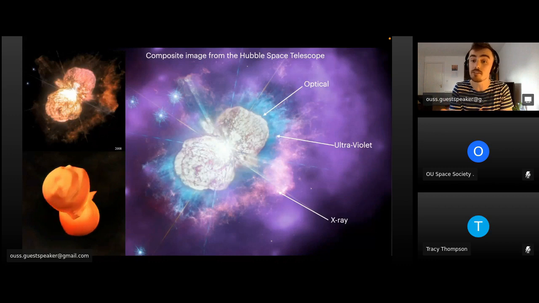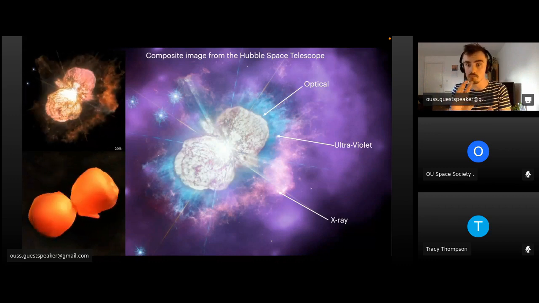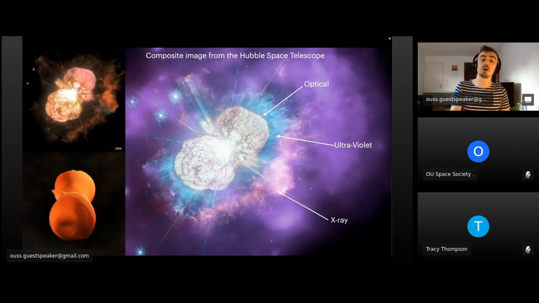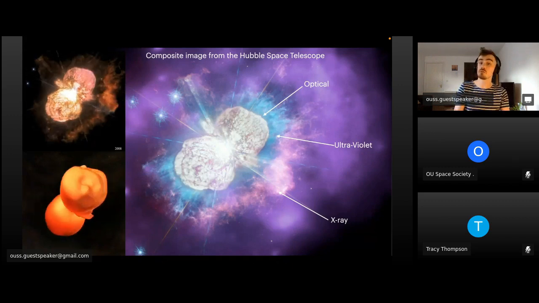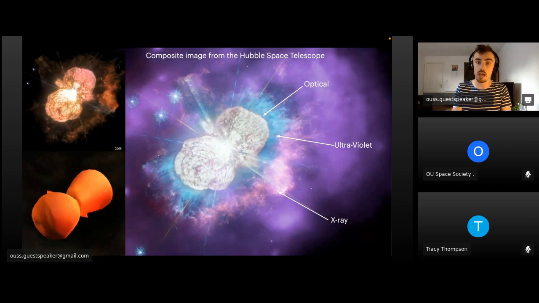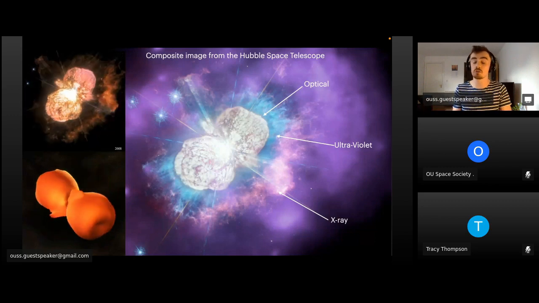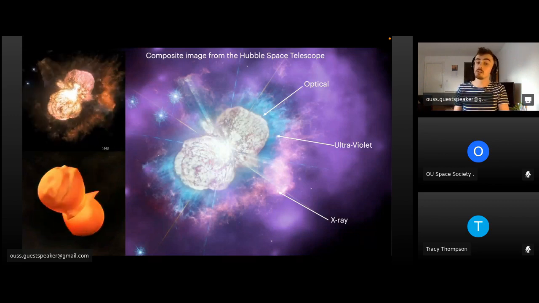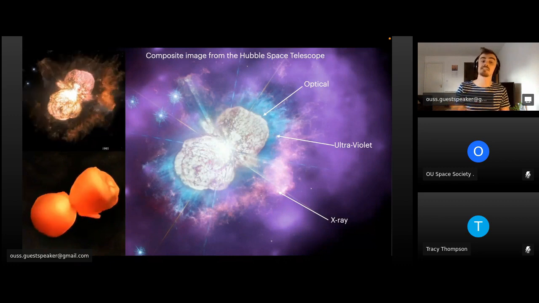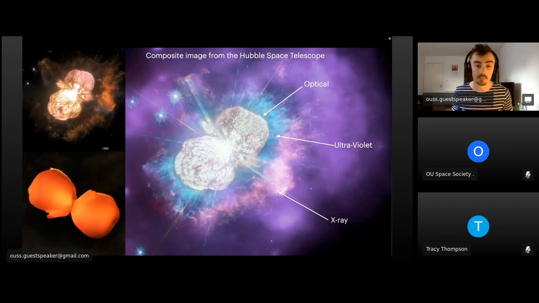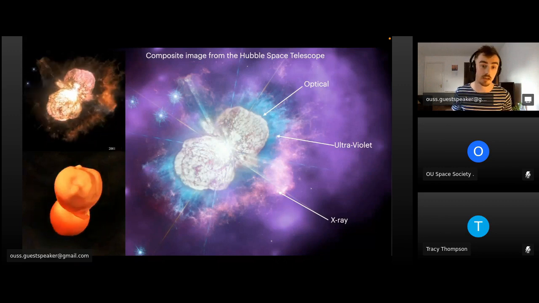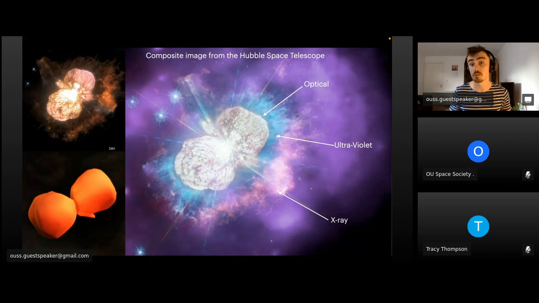By using these different colors from Hubble and using a little bit of maths, we can actually model how this system appears. So usually science is a visual endeavor. We see a plot or we see an observation. By doing tasks like this, we can actually extend this out to how are these systems modeled? How will they feel in our hands? And it's an amazing progress that we've made using information from something like Hubble.